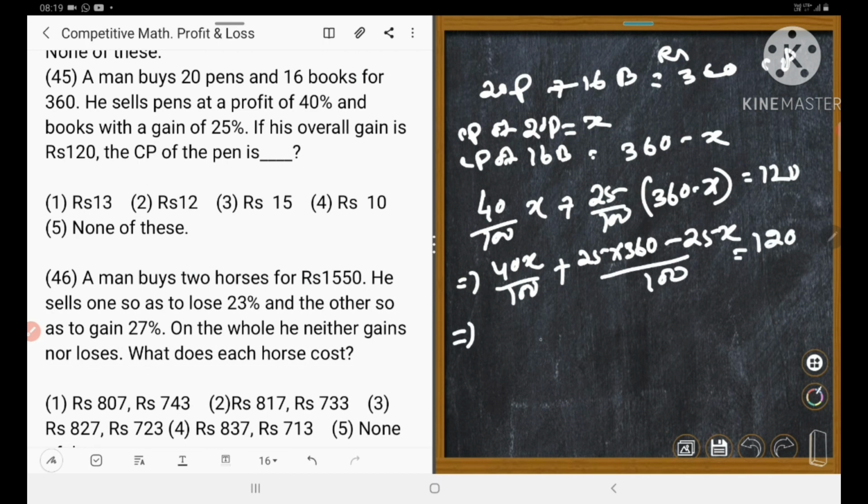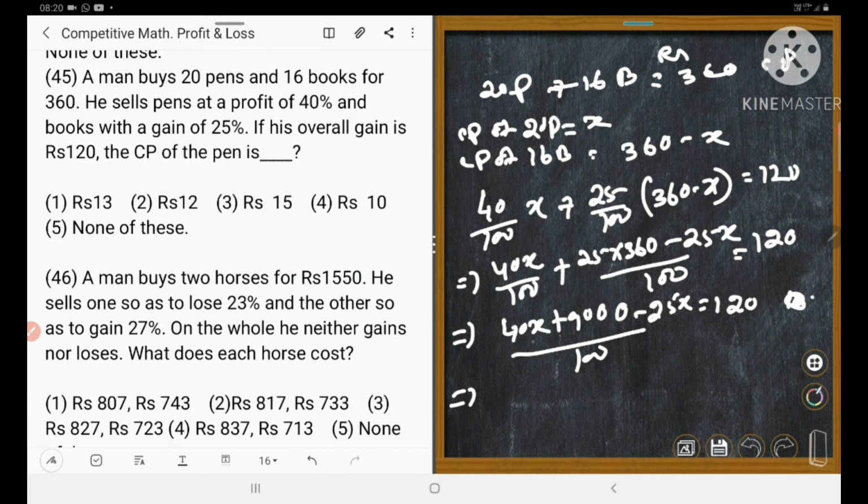Implies that multiplying by 100, 40X plus 25 into 360, 25 sixes are 150, 25 threes are 75, that is 9000, plus minus 25X is equal to 120 into 100. You understand?